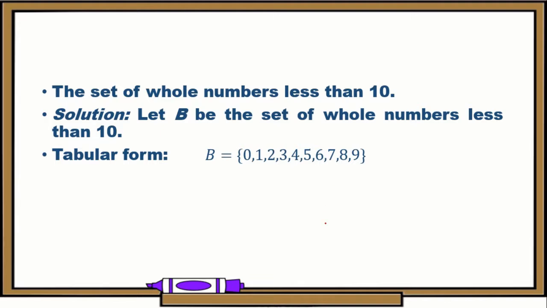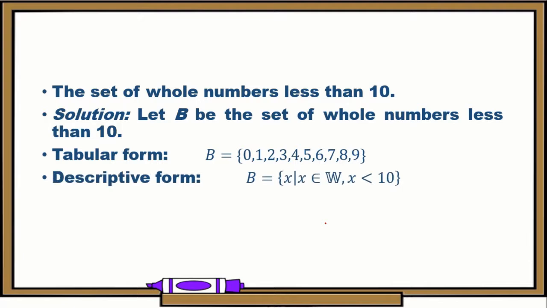For the descriptive form, again, we will use the set builder notation. But instead of using English sentences, let's try to use symbols. For the descriptive form, this can be represented as B is equal to x, such that x is an element of the whole number system and x is less than 10.